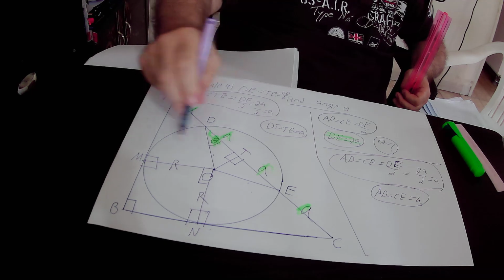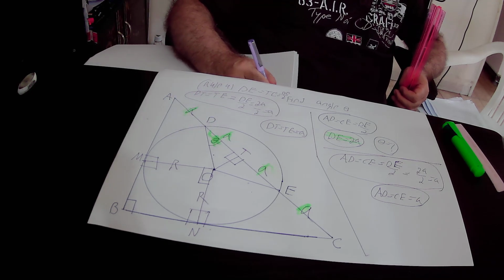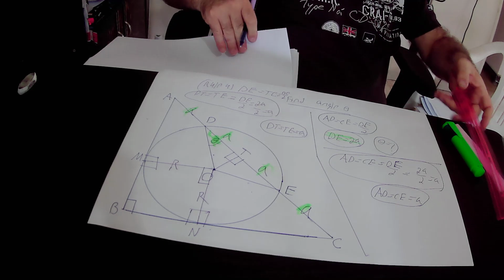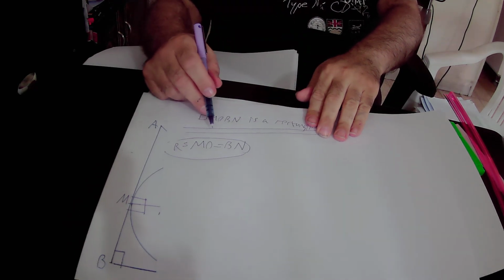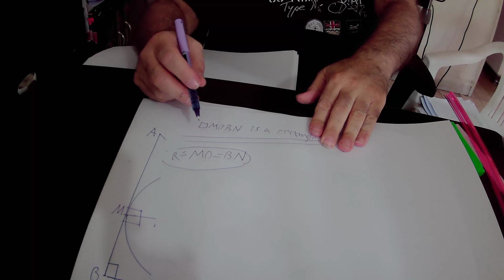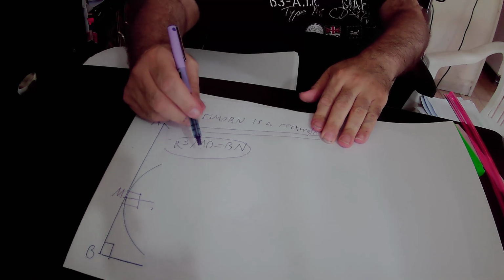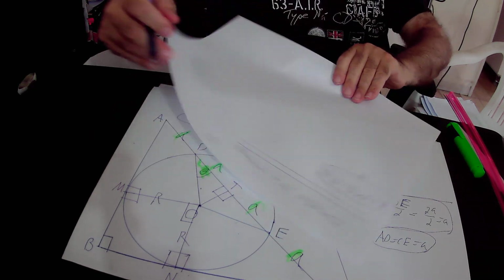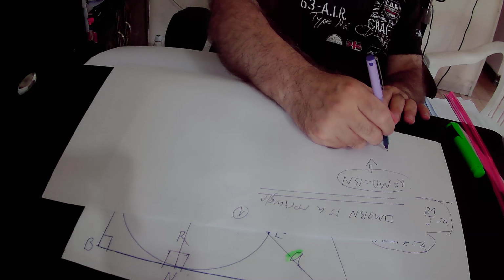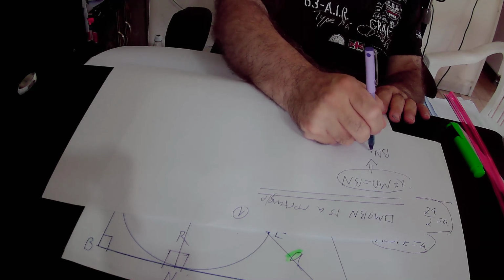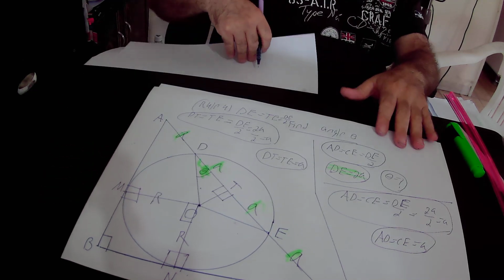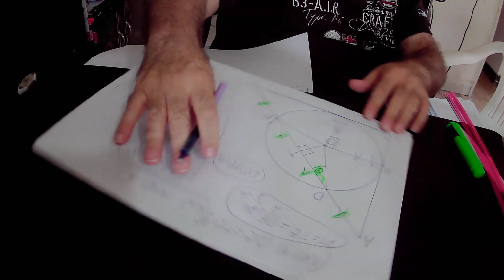But we have already found out that MO equals R. So, from this equation, R equals MO equals BN, we derive that BN is also equal to R. BN equals R.